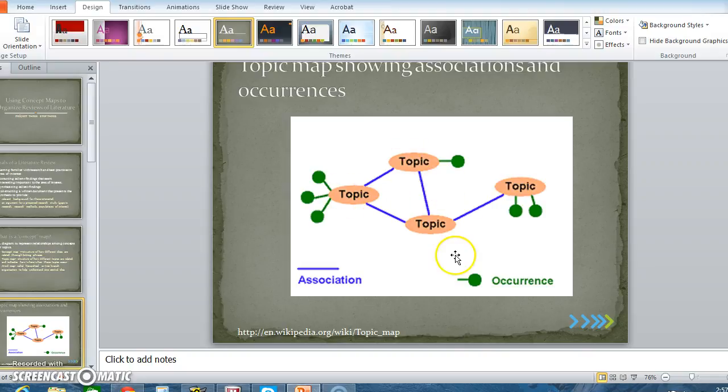Those might be your 4 subtopics underneath your very narrow research focus.